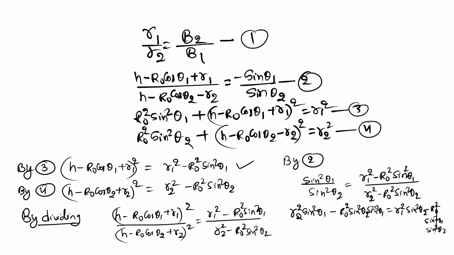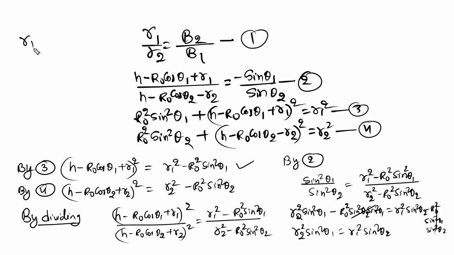You can see this and this get cancelled, and you will get R2 squared sine squared theta 1 is equal to R1 squared sine squared theta 2. So from here you will get R1 upon R2 is equal to sine theta 1 upon sine theta 2.